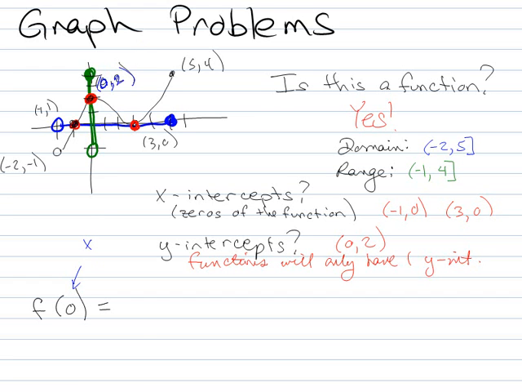So when x is 0, y is 2. And that's really what we're looking for on this graph. So if I say, well, what is f of 3? When x is 3, what is y going to be? Did you get it? When x is 3, y is 0.